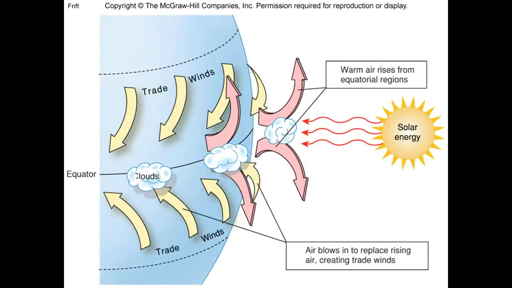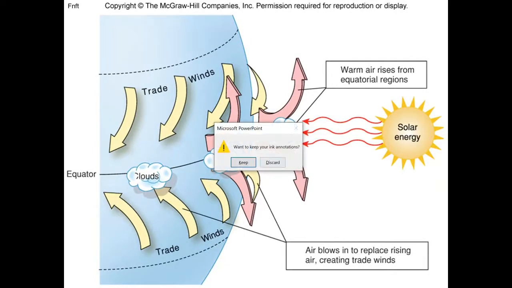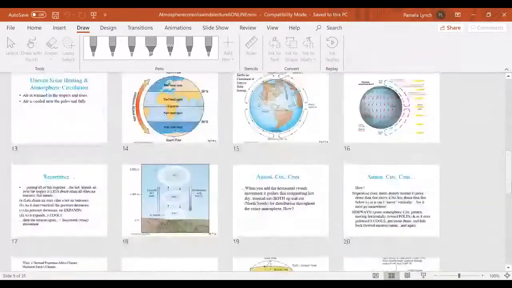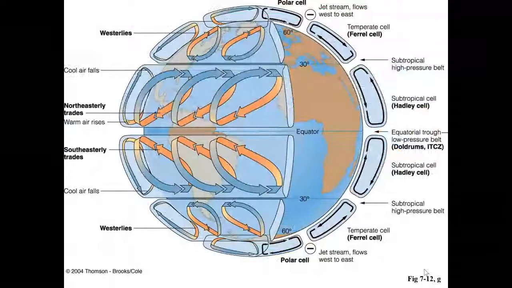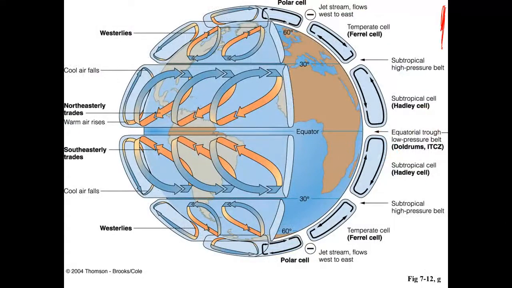Second component that we want to add is something called uneven solar heating. Okay, so I'm going to go back and show you that main figure that we were focusing on. I want you to imagine that the sun is shining from exactly the right-hand side of the screen. Okay, if the sun isn't moving, we're moving around it, right?